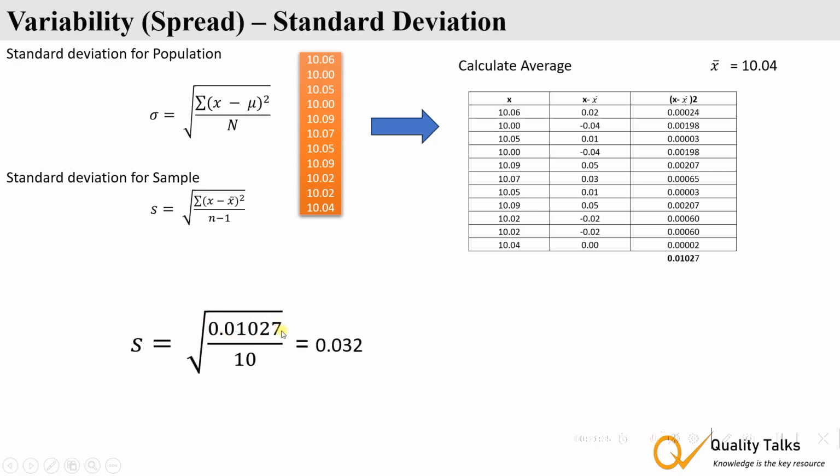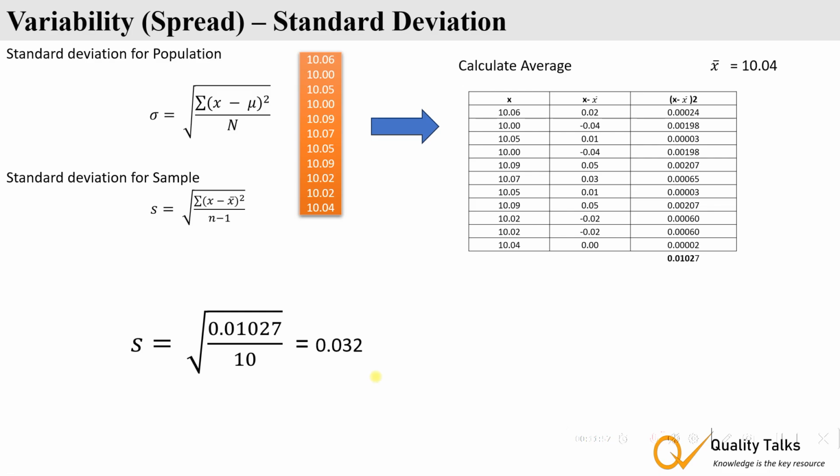We find the sum of (x minus x bar) squared, which is 0.01027, divided by n minus 1. The standard deviation is 0.032. By this formula, we can also find it directly from Excel without doing any calculation.